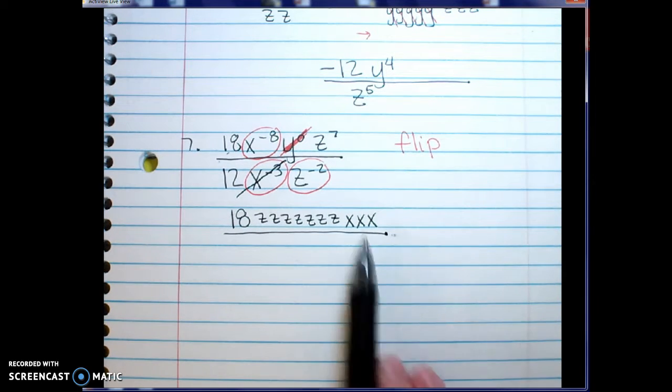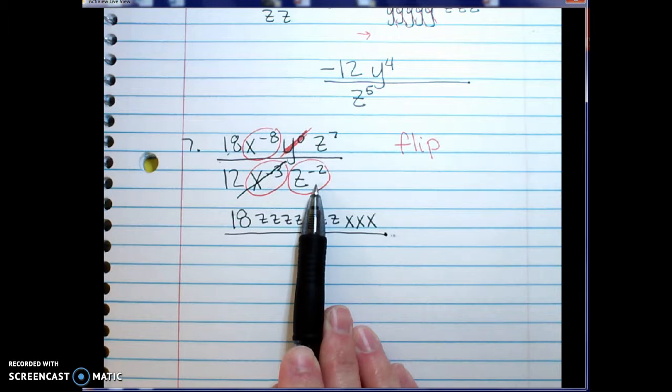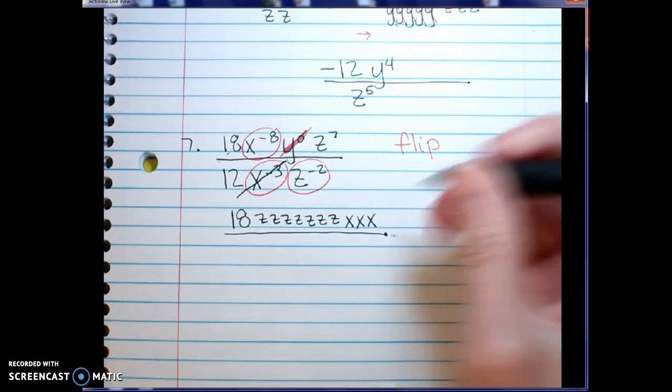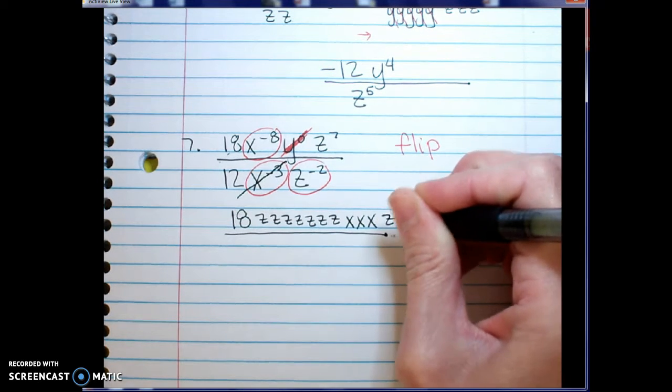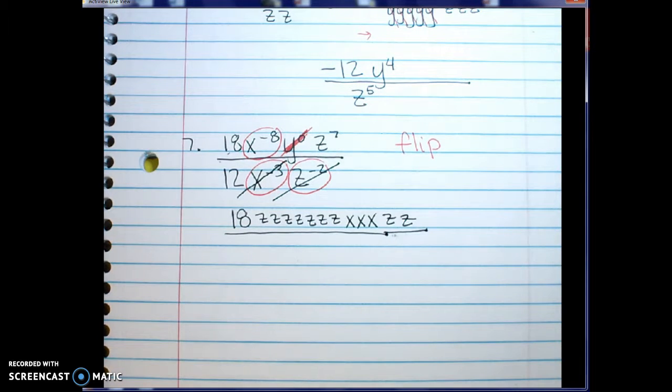So once I listed my 3 up top, I put a slash through my circle. Okay, the next item that I had circled was z to the negative 2. So I need to list those z's on top. So I'm going to list my 2 z's again on top, and I'm going to cross it off to remind myself that I already listed it. That way when I do the denominator, I don't get all confused, hopefully.